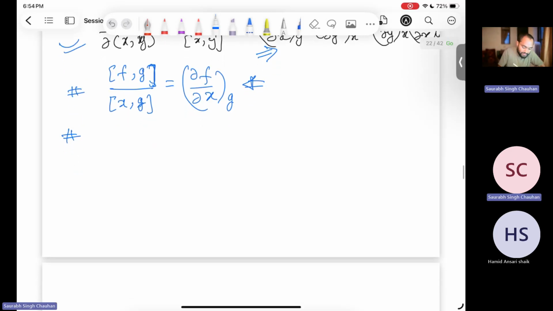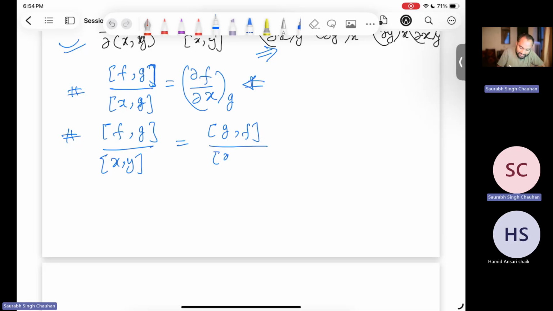They will be useful. Another property: let us say f comma g with respect to x comma y. If you just flip any of the variables, order also matters. Here first you have f and g. If you flip the order, it will become g comma f with respect to x comma y, but with a negative sign.